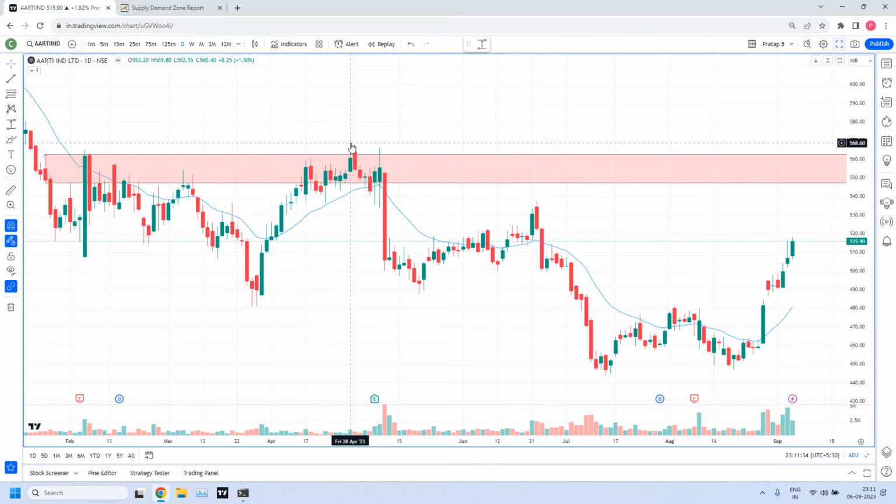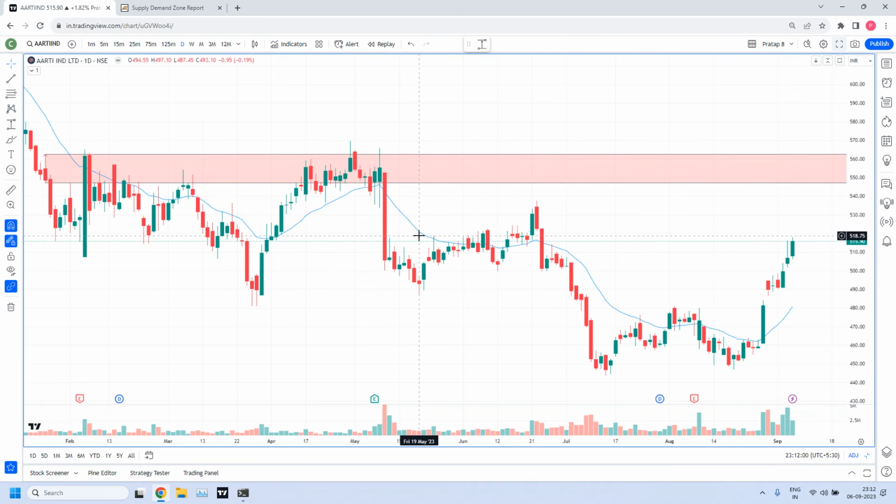Going up, again price is coming down, closed inside the zone. Next day price opened outside the zone, again it came down, came down, came down. And in this candle, once again, price went out of this zone and again came back. And further price pushed out.